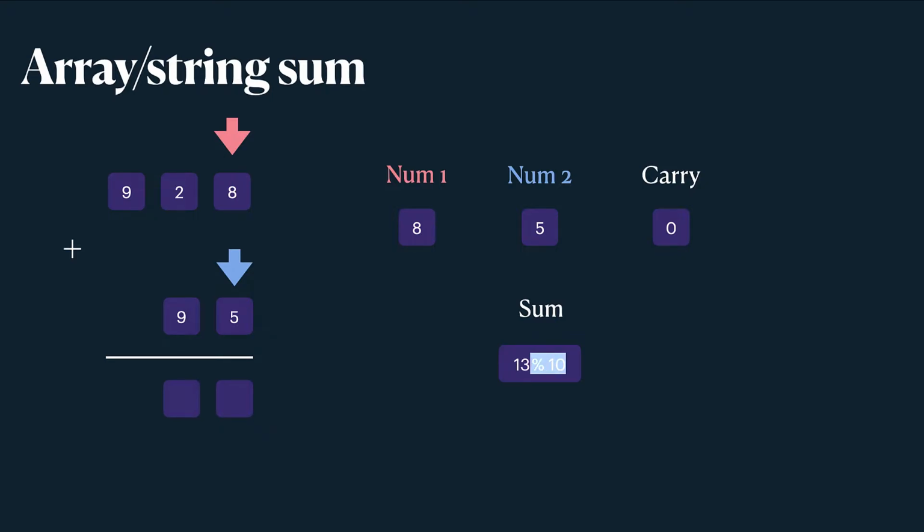So it will be basically 3. It will be the first digit that we have. So we place 3 here. But we know that it's over 9, which means we need a carry. So I'm placing a carry here. Let's see, maybe it will be more clear on the second step.